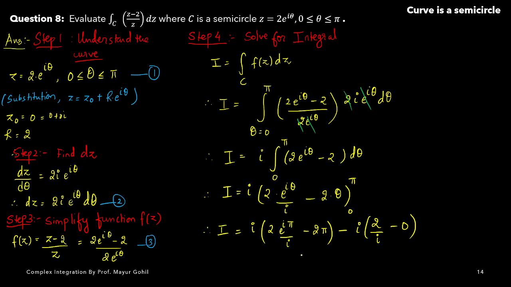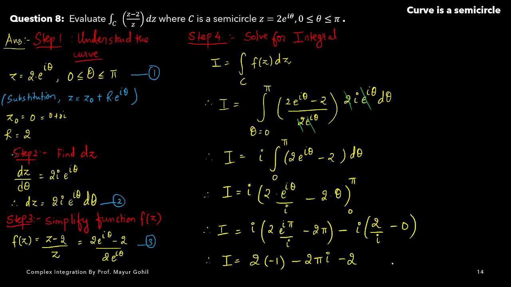Now let us solve this. On solving we get capital I equal to, now this i will get cancelled, and e^(iπ) is minus 1, as we learned in our previous video lecture. This will become 2πi, and then we have minus 2.